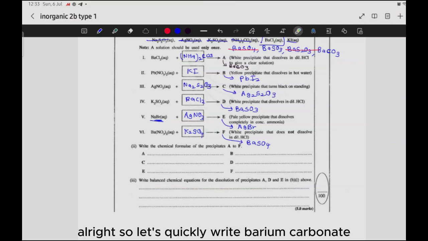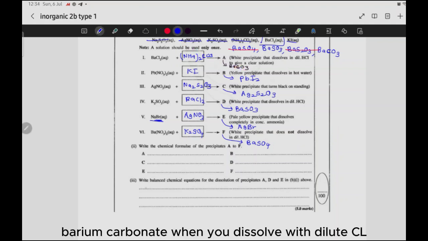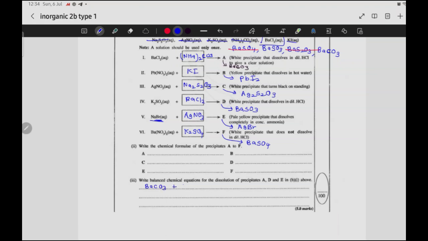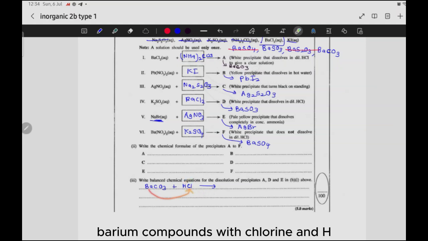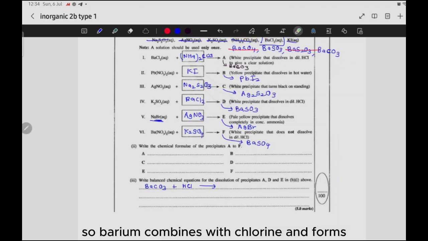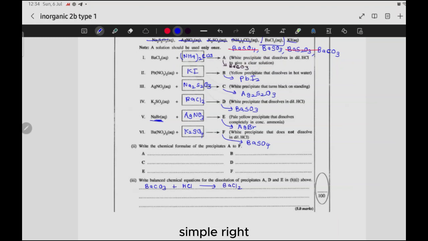Alright. So let's quickly write barium carbonate. Barium carbonate, when you dissolve with HCl, I said CO2 gas is released, right? Basically this is all knowledge. Double displacement reaction. Barium combines with chlorine and hydrogen combines with CO3, right? So barium combines with chlorine and forms barium chloride. Simple, right?